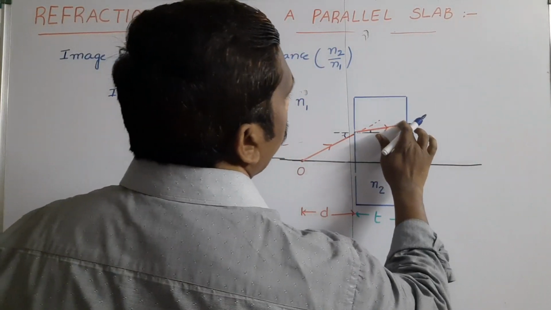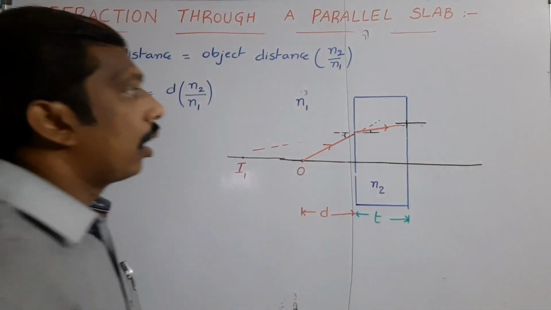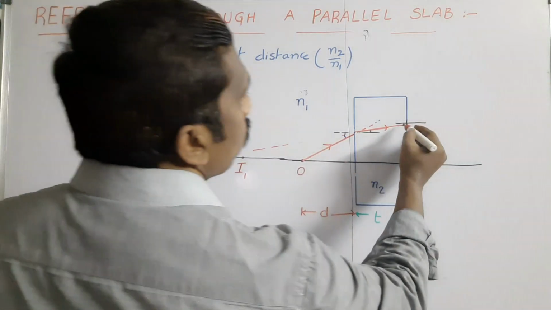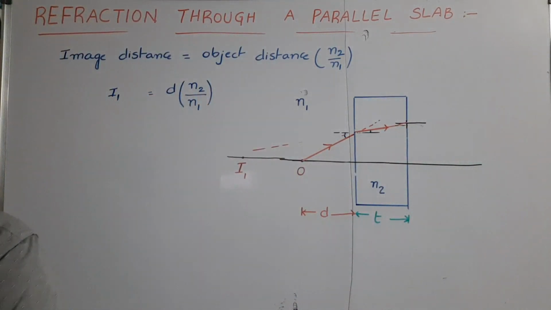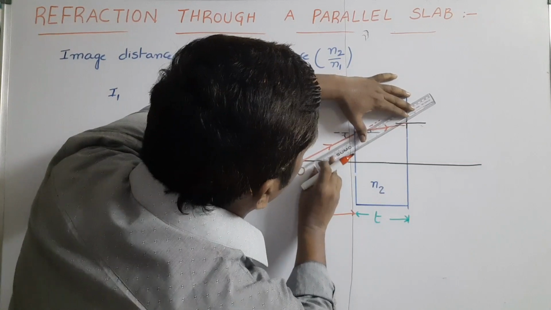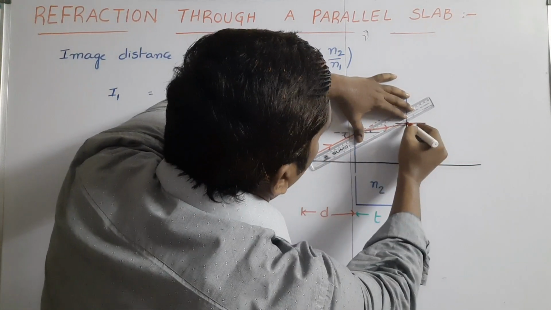Here, this is the normal. With whatever angle the light ray is incident, with the same angle the light ray will emerge. So the light ray bends away from the normal, and it forms an image at another point.